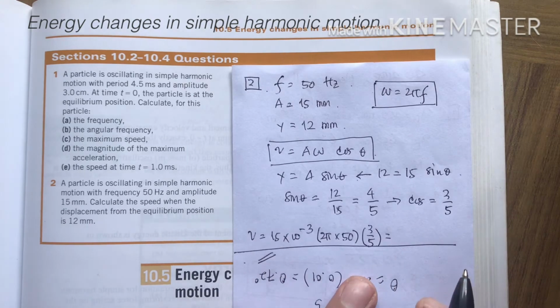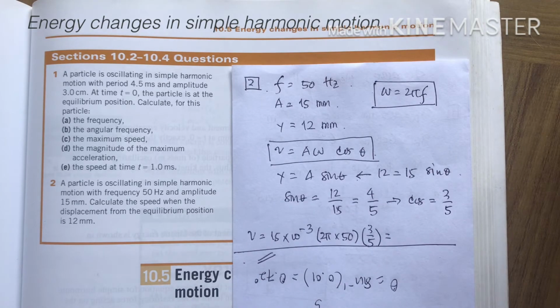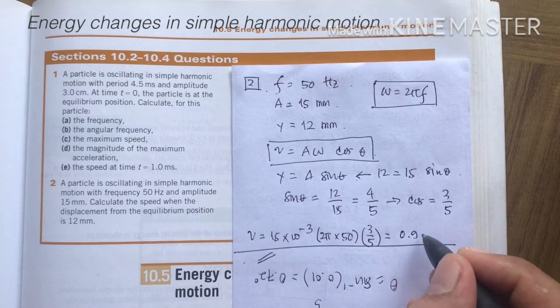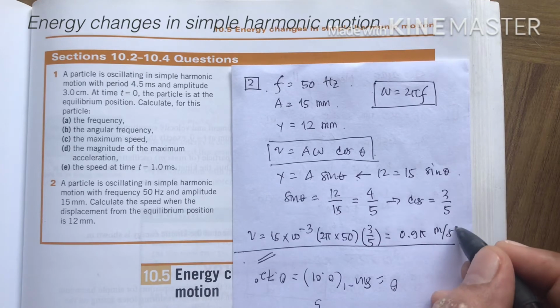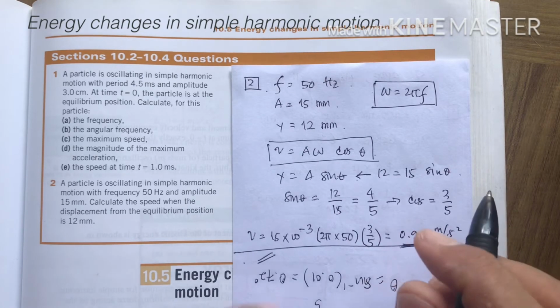So let me check. 15 times 2 times 50 times 3 divided by 5, times 10 to the minus 3. This is around 0.9 pi meter per second. This is the answer.